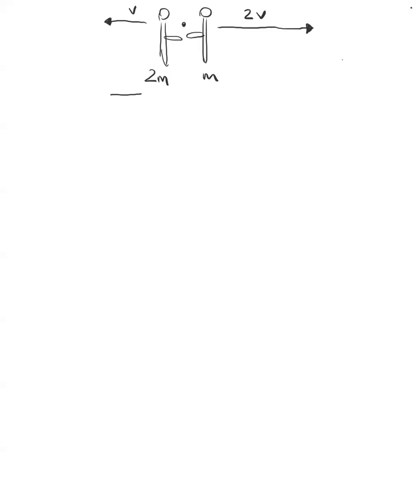So this astronaut will move with velocity v, and it has mass 2m, so the momentum is v times 2m. This momentum has to be canceled out by the second momentum. So if this astronaut has half the mass, it must have twice the velocity for the total momentum to remain at 0.